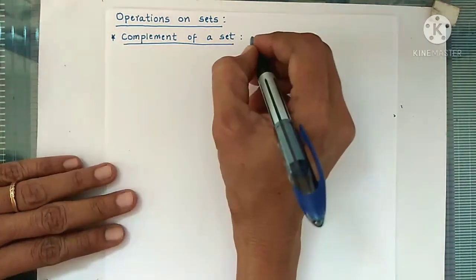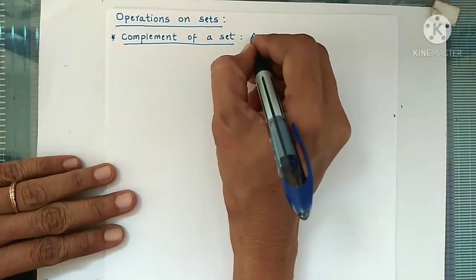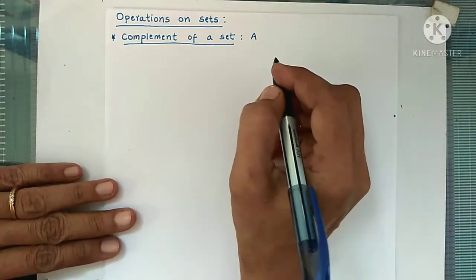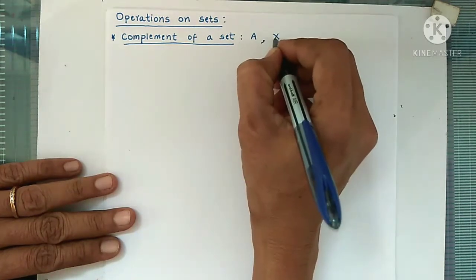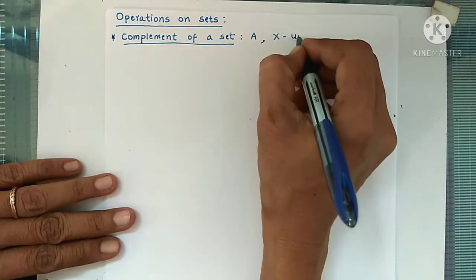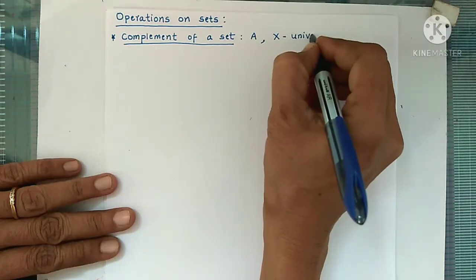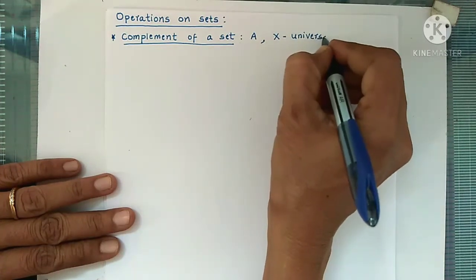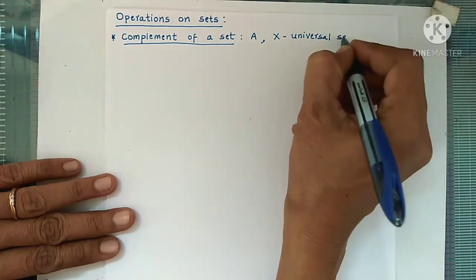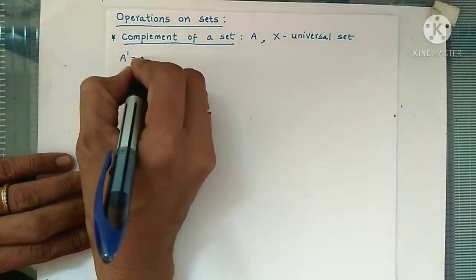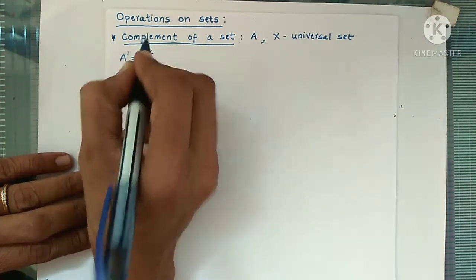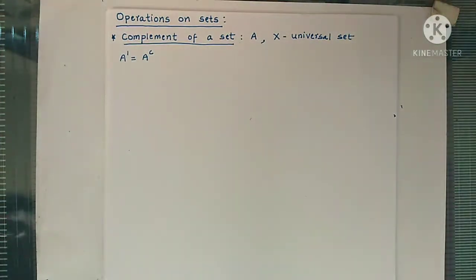So consider a set A, and every set is a subset of the universal set. So let X be the universal set. So A is a subset of the universal set. Now A complement is denoted by A dash or A^c, where we write C for complement.